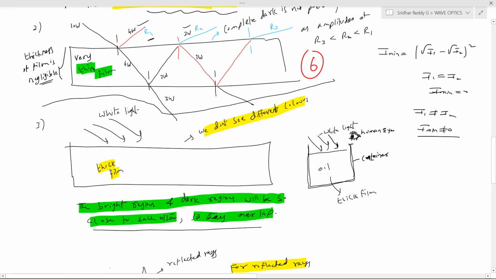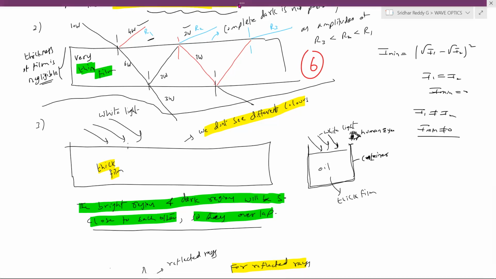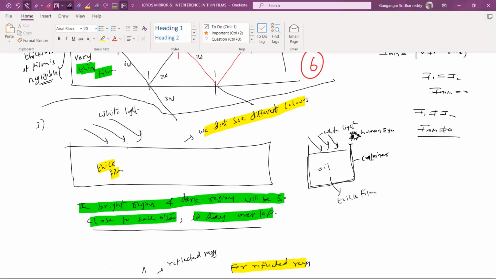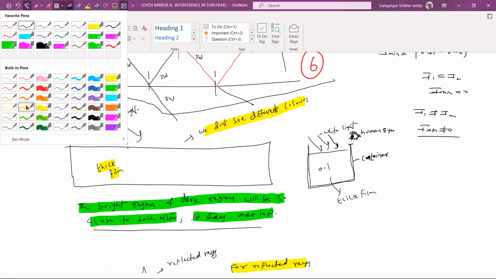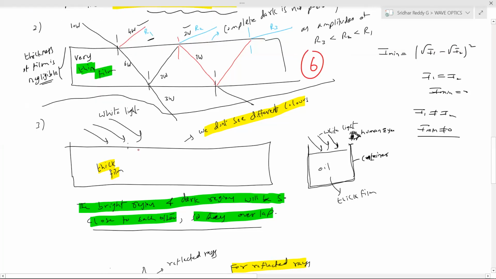Here also what happened? The light which is coming, a part of light. Let me bring the pointer. Here also, a part of light which is incident will be reflected, a part will be transmitted. Again, we'll get it here. So like this, we'll get it.